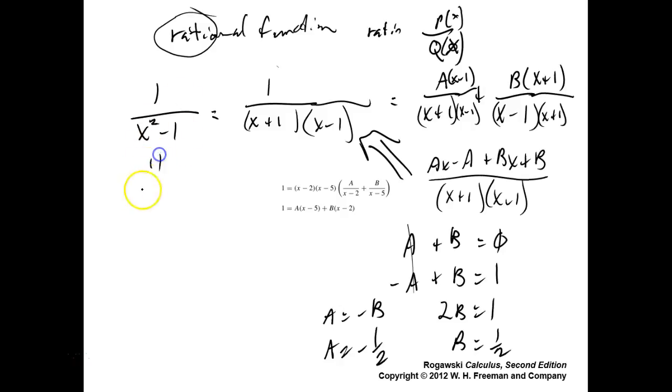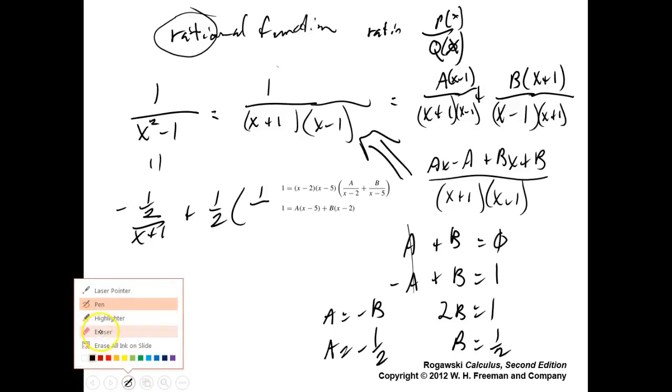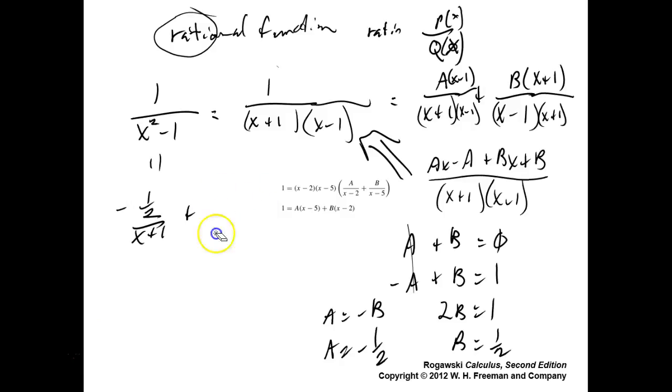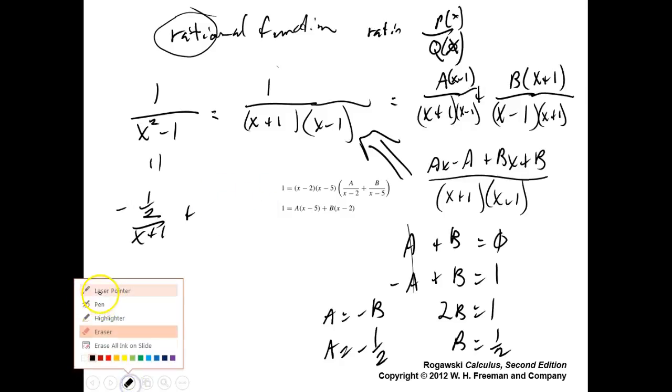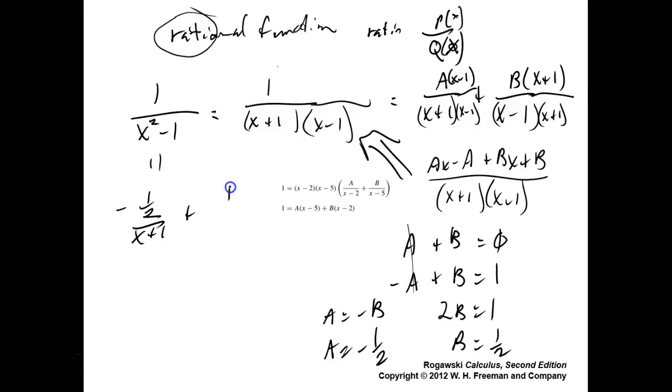This 1 over x squared minus 1 would be minus 1/2 over x plus 1 plus 1/2 over x minus 1. Let me write them the same way. I decided midway I wanted to change them, and that really wasn't fair to do.